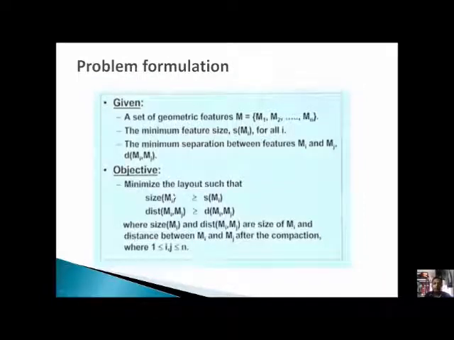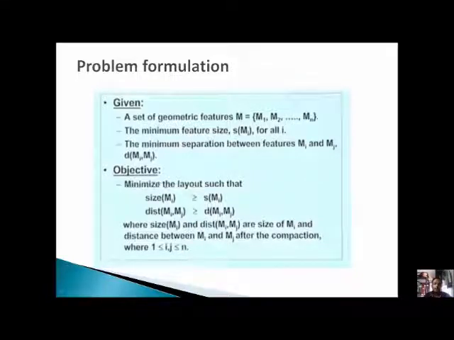The problem formulation is that we have a set of rectangular blocks m1, m2, ..., mr. The minimum feature size is s of mi for all i, and the minimum separation between two rectangular blocks mi and mj is d of mi and mj.